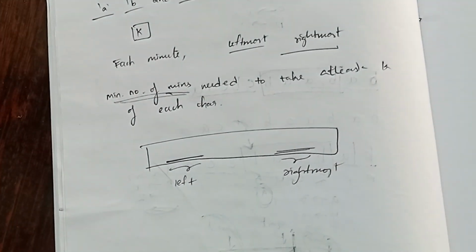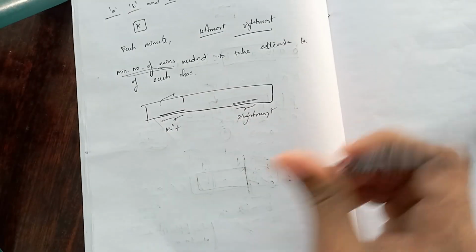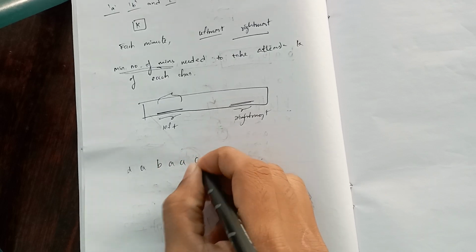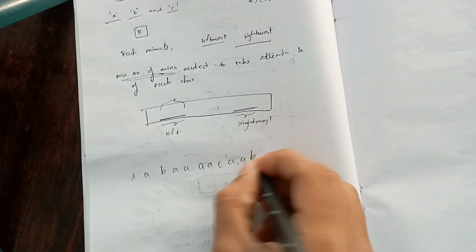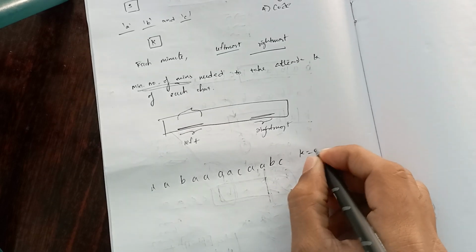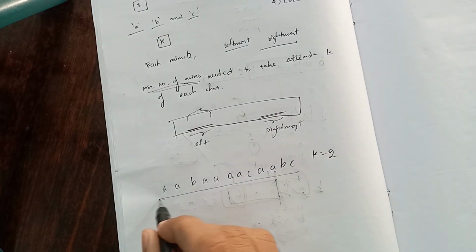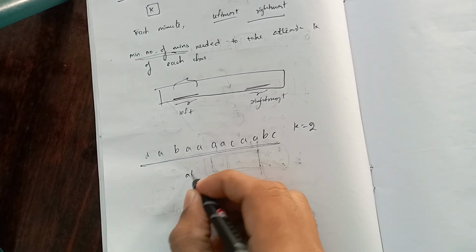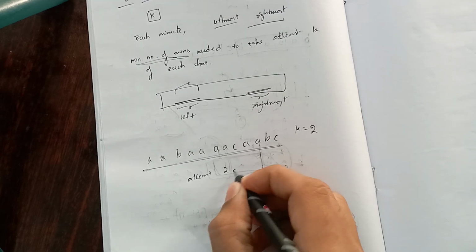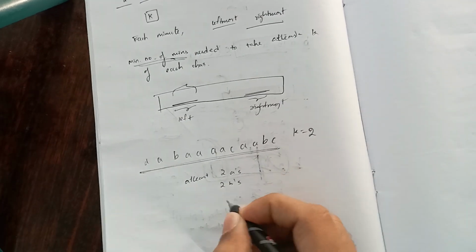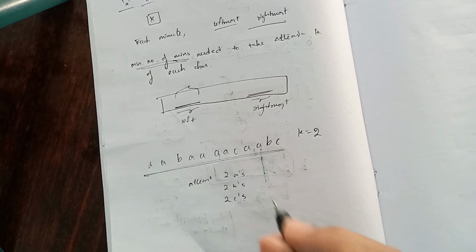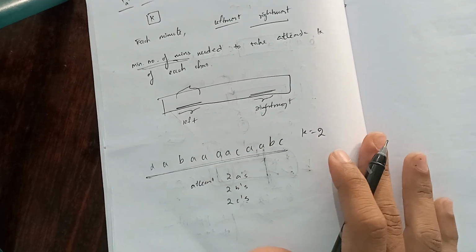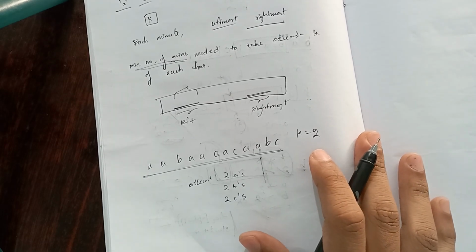Now, if you clearly see the example, we are given a string a b a c a b c, and k is equal to 2. So the thing is, we need to remove at least two a's, two b's, and two c's, and we need to remove the minimum rightmost and leftmost characters from the string.